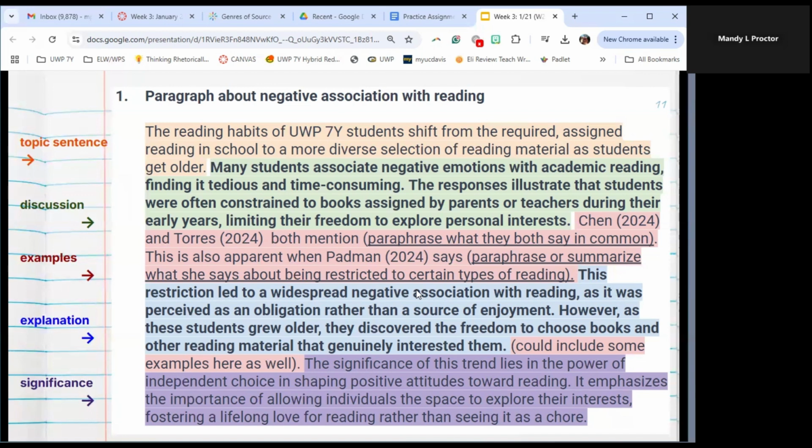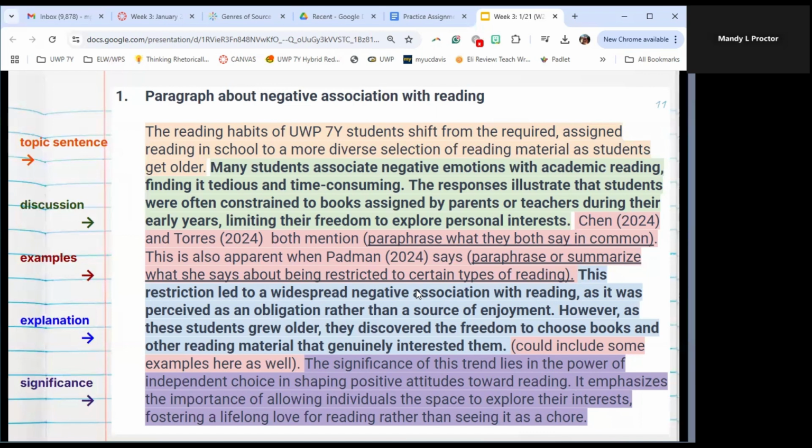Okay. And then you'll see later on, there's explanation, right? So highlighted or bolded in that blue area, we see that this restriction led to a widespread negative association with reading, as it was perceived as an obligation rather than a source of enjoyment. However, as students grew older, they discovered the freedom to choose books and other reading materials that genuinely interest them.